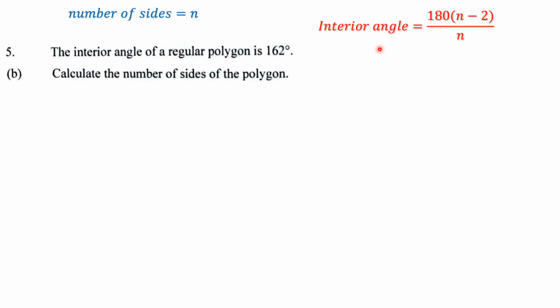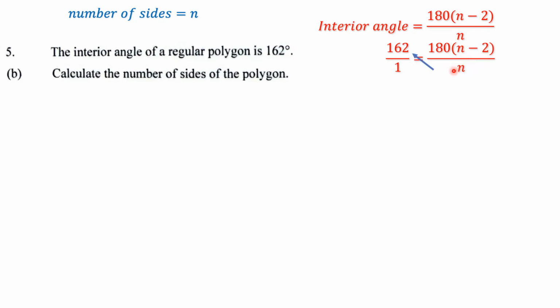We already know that the interior angle of this polygon is 162 degrees, so we put that in, and I put it over 1 because I'm preparing to do cross multiplication, since 162 is equal to 162 over 1. So we have 162 over 1 equals 180 times n minus 2 all over n. We cross multiply.